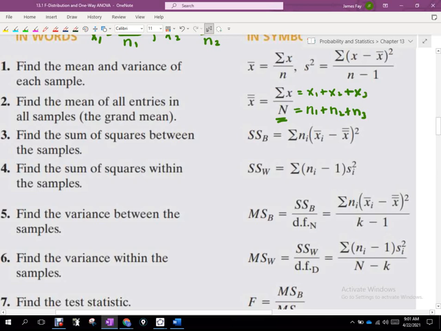So the mean square between is found by taking that number right there and dividing it by our degrees of freedom sub n, which is equal to k minus 1, where k is the number of samples we dealt with.